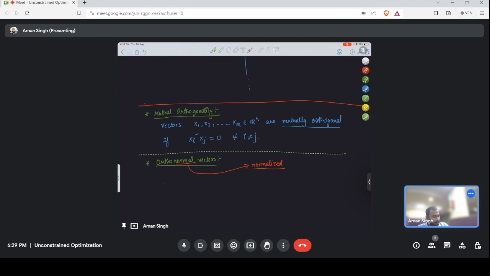So vectors x1, x2, ..., xk which are mutually orthogonal and with norm of xi equal to 1 for all i, then this set is called orthonormal.